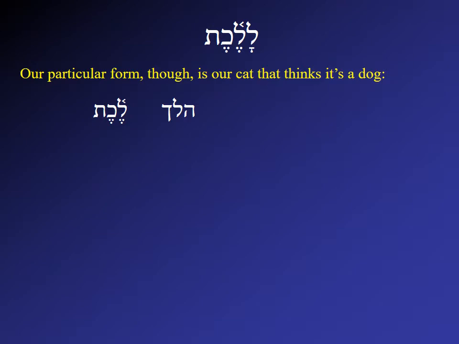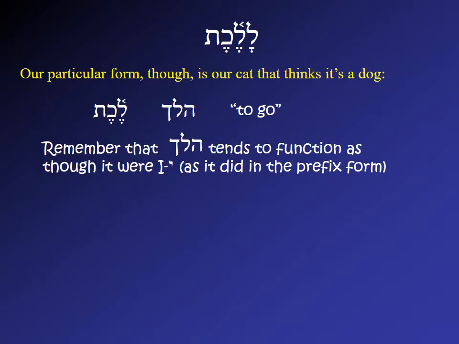Halach functions like a first yod, even though it's a first hey. So lechet means to go. This is the way that halach has been functioning and always functions. It is a first hey root that forms its verbal patterns like a first yod.